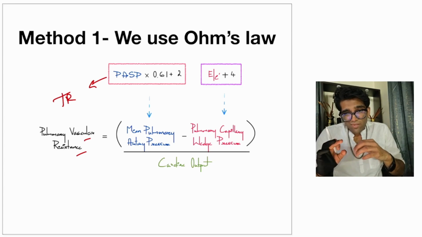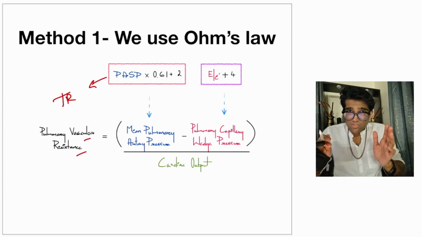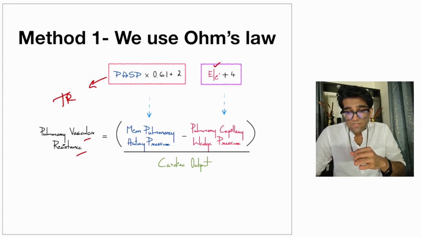Then we can estimate the pulmonary capillary wedge pressure. This is approximately equal to the left atrial pressure, and we know that the left atrial pressure, in all situations except constrictive pericarditis, is directly proportional to the E by E prime velocity that we talked about during our discussion on LV diastolic function. That plus 4 gives you the numerical value for your pulmonary capillary wedge pressure.